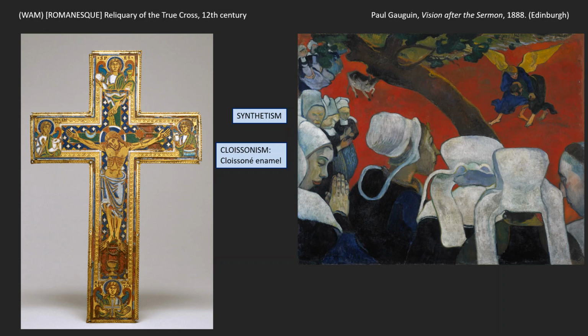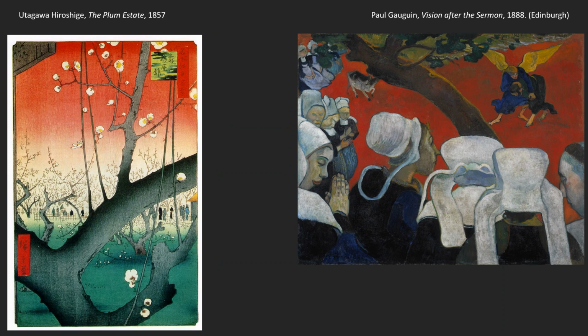Another major influence on Gauguin is Japanese woodcut prints. These are beautiful things. Hiroshige. And they started working their way into France on ocean liners that were coming in, and artists were collecting these things and copying them.